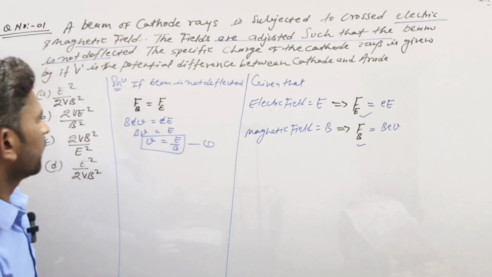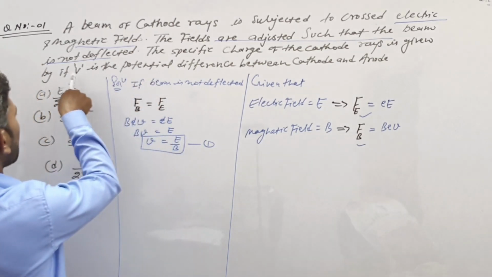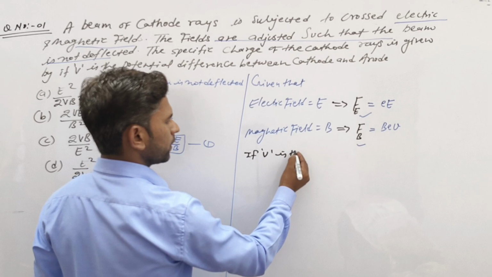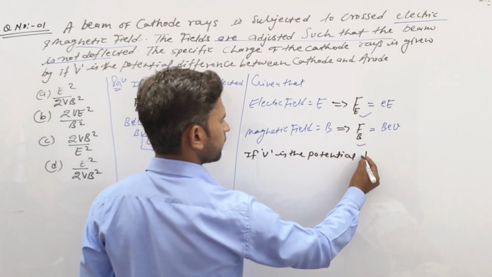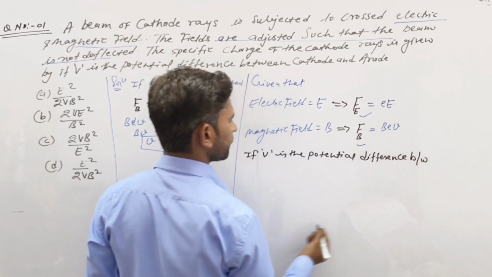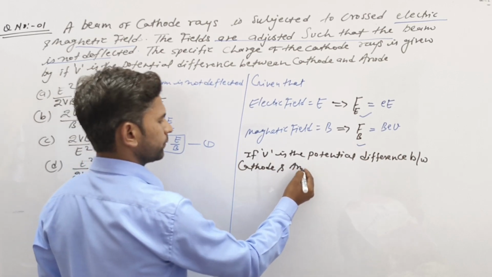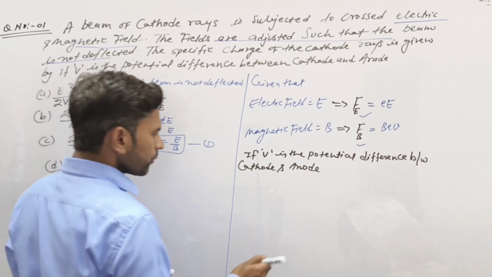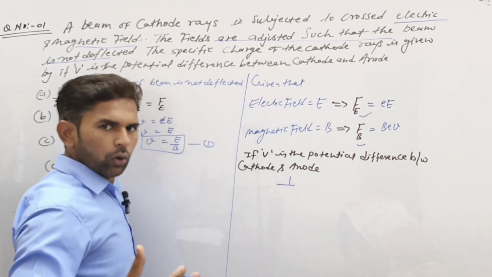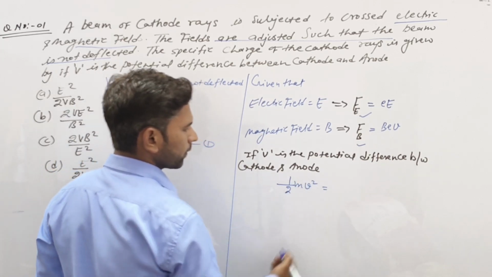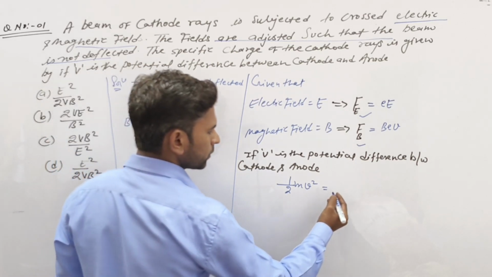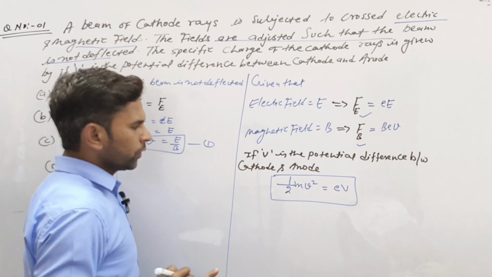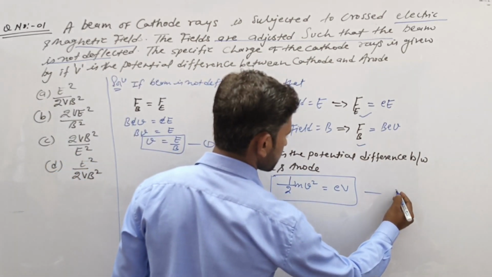Now for the second condition, if capital V is the potential difference between cathode and anode, potential difference V. You know one thing: the kinetic energy of the electron, half m v square, will be equal to the energy of that electron due to the electric field, e V. Both will be equal here.